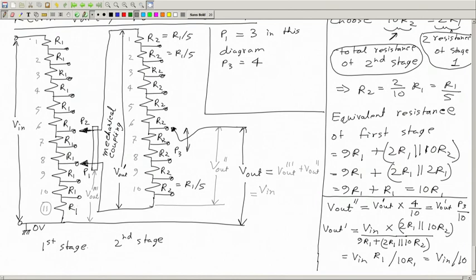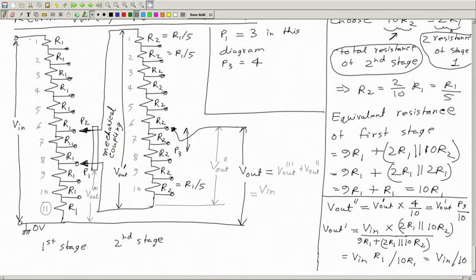Now V out triple prime is the same as V in multiplied by 1 2 3 R1 by the total equivalent resistance, which is of course 10 R1, because there are 11, but here this is actually equivalent to 1 resistance. There are 2, but there is another 2 here which equivalently is just 1 resistance.